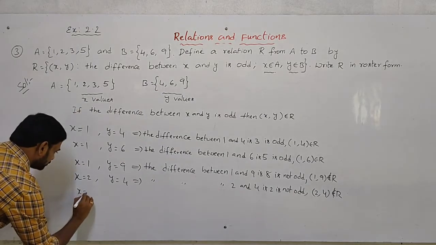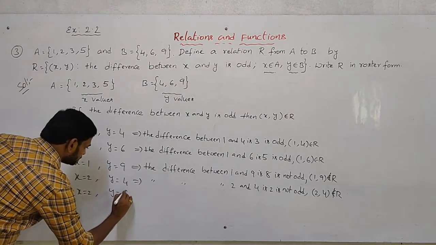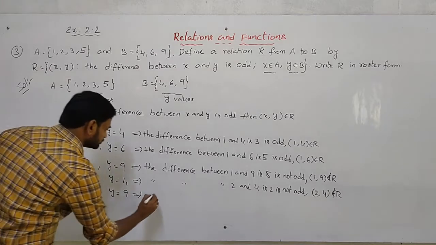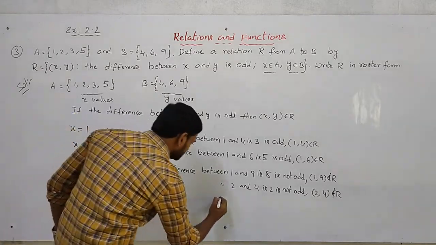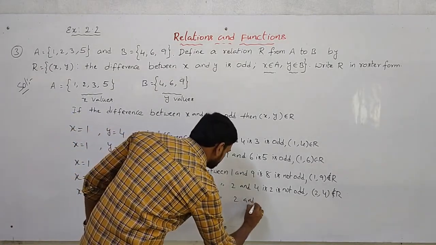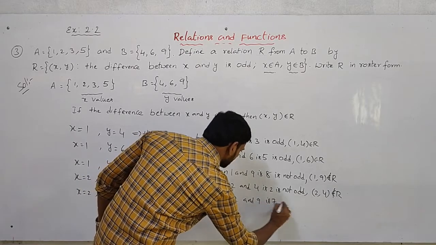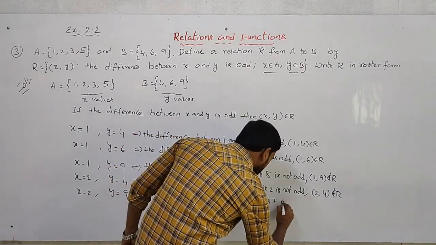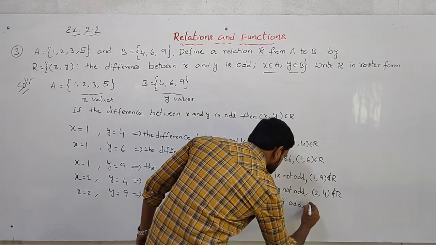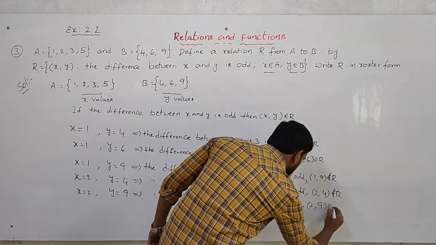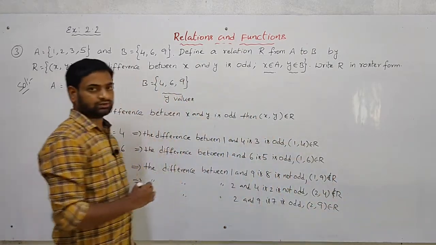So x equal to 2, y equal to 9. The difference between 2 and 9 is 7. This is odd. When it is odd, (2, 9) belongs to the relation R.